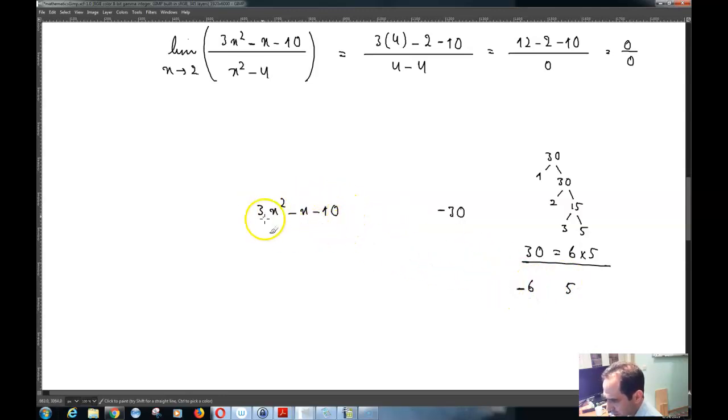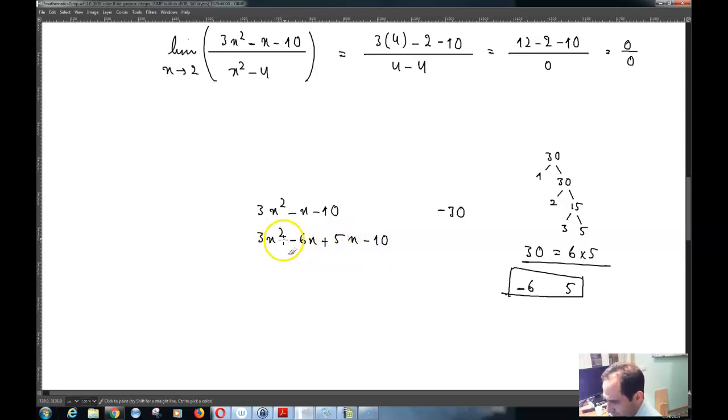So that's taken care of. And then negative 6 plus 5 is equal to negative 1, which is this number. So now I can use these two numbers in order to rewrite this middle term. I'm going to rewrite this as 3x squared minus 6x plus 5x minus 10.